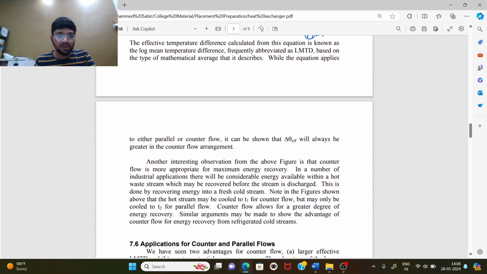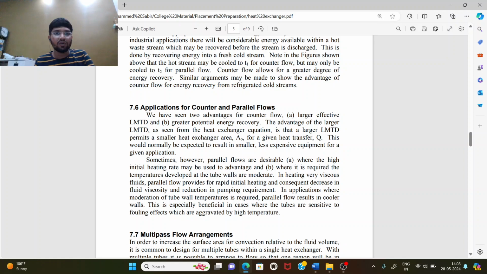Another thing is the application of counter flow and parallel flow heat exchangers. After analysis, the LMTD for the counter flow is greater than the LMTD for the parallel flow.